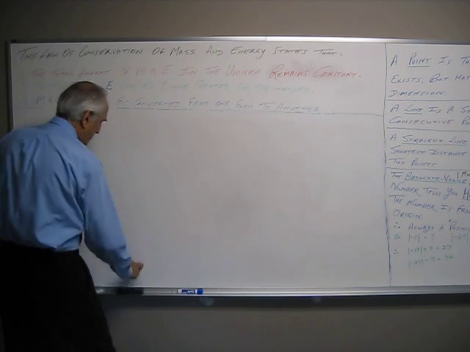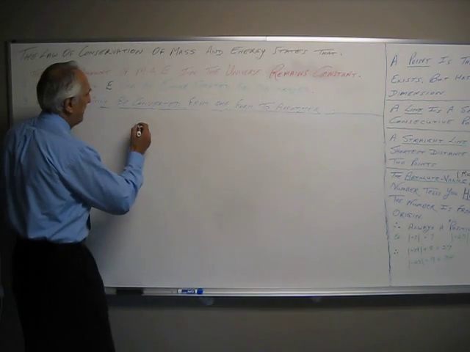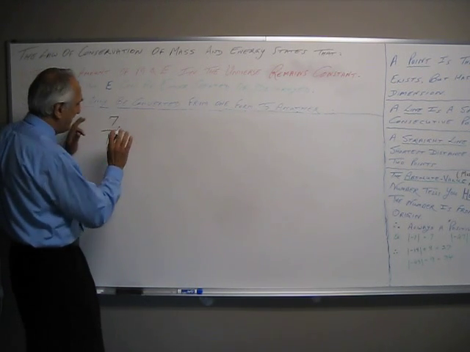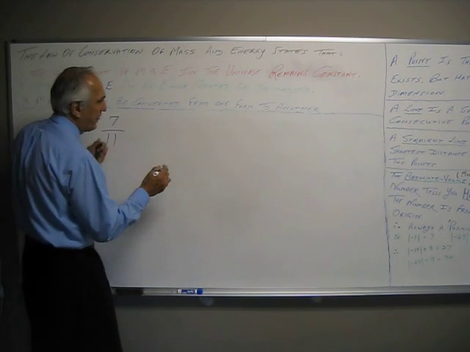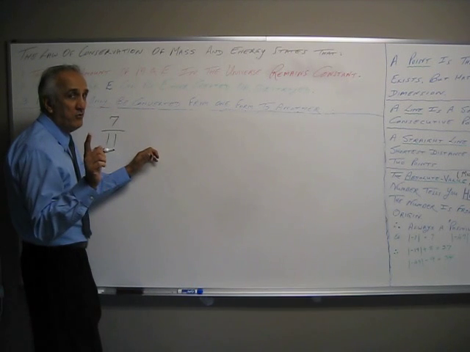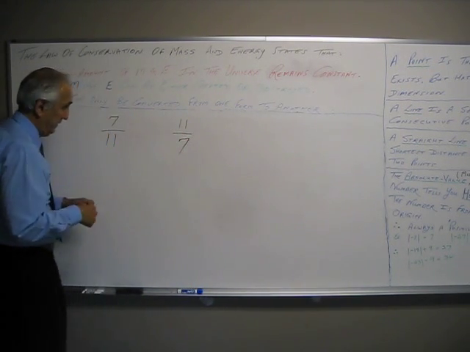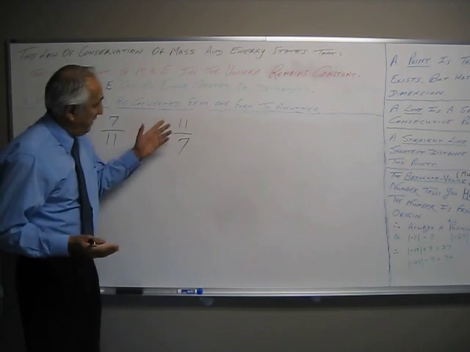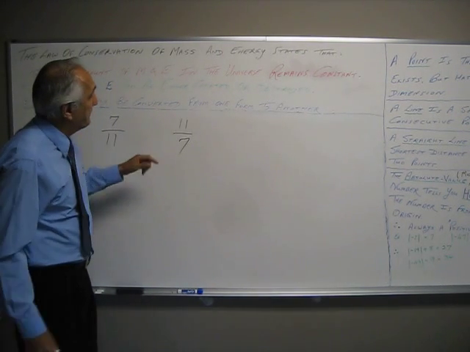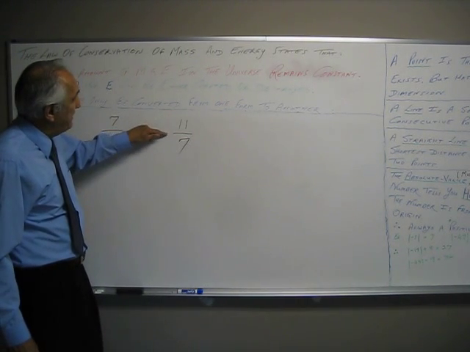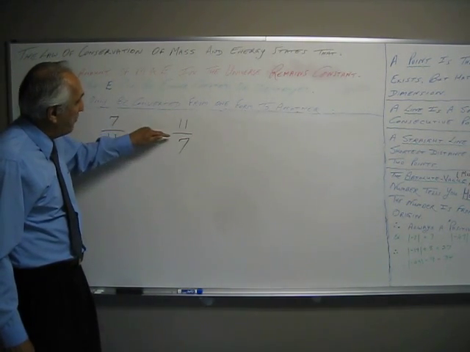How about you have a number of this type? Initially, we had something like 7 out of 11. True fractions, I can get 7 out of 11, that's okay. Sometimes you'll come across numbers like this. In how many ways can you verbalize this one? 11 divided by 7. 11 divided into 7. 11 upon 7.